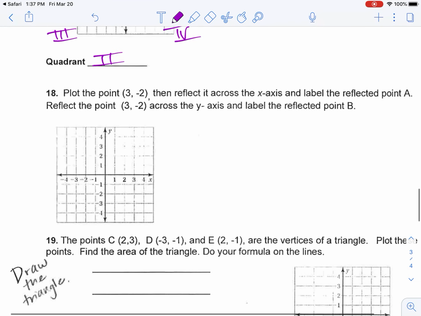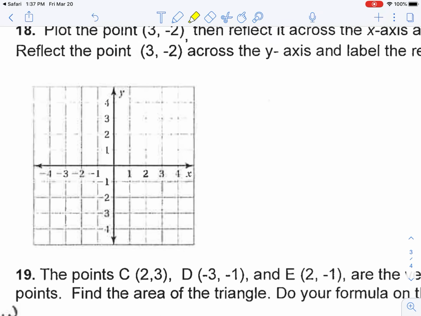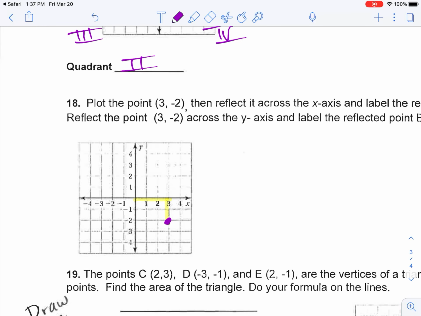Okay, some reflections. We're going to plot the point 3, negative 2. 3 is positive, so to the right. 2 is negative, so down. There's my point, 3, negative 2. It says, then reflect it across the x-axis and label the reflected point A. Okay, again, here's my x-axis, which means I'm jumping across the x-axis.